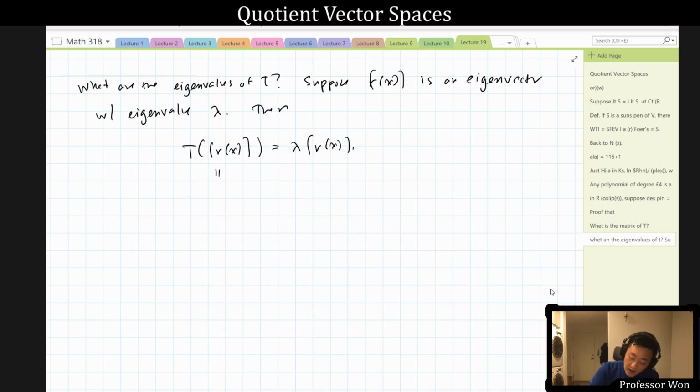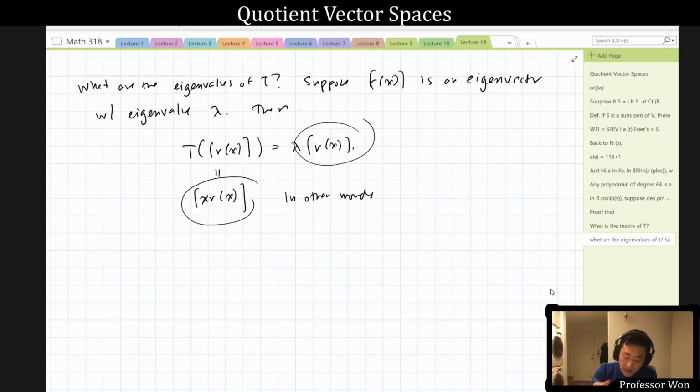Well, T of R was supposed to just be multiplying by x. In other words, since this equivalence class equals this equivalence class, that means that x Rx minus lambda Rx, these two things are the same equivalence class. In other words, these two things differ by a multiple of P.